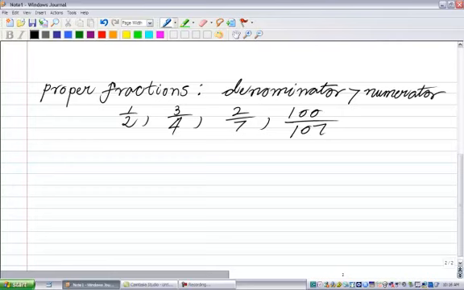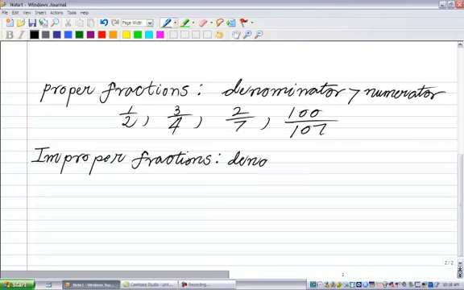And so you can imagine that there are improper fractions. So what's the difference? It's the opposite. In this case, the denominator is less than the numerator.